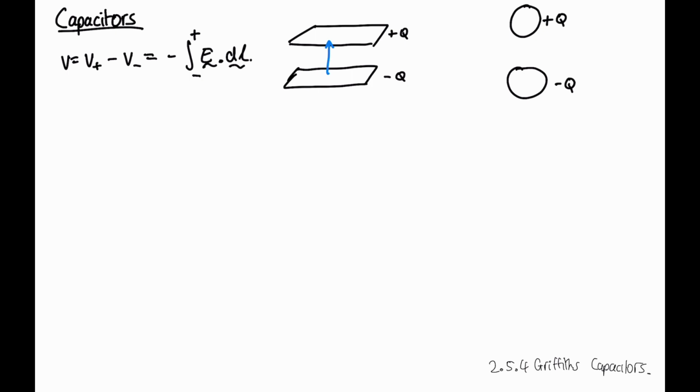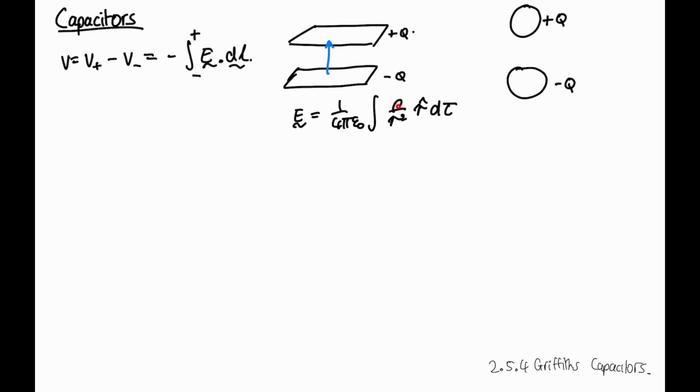Now, electric field is proportional to the amount of charge. Coulomb's law tells us so one way we can write Coulomb's law is 1 over 4 pi epsilon naught times the integral of rho over curly r squared times r hat dv or d tau. And so if we double Q, then we're effectively doubling the volume charge density.